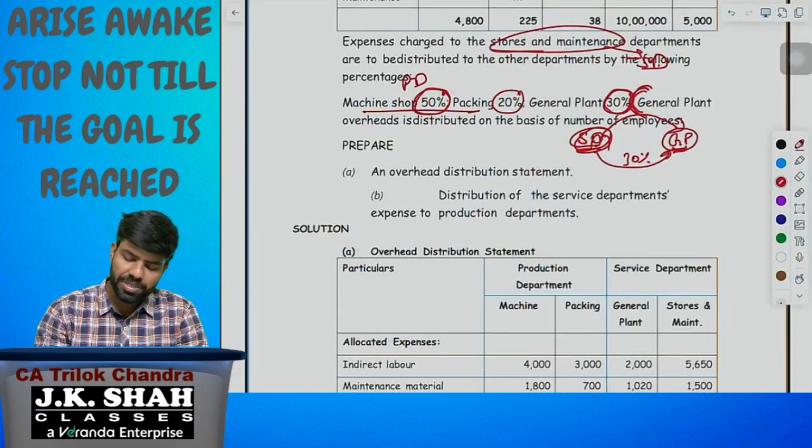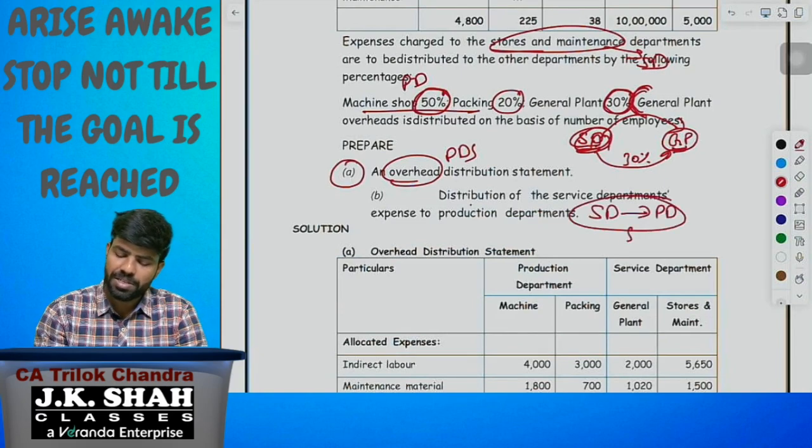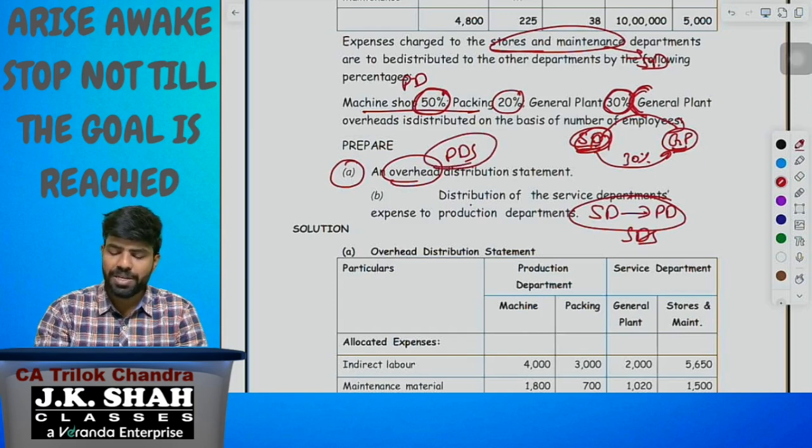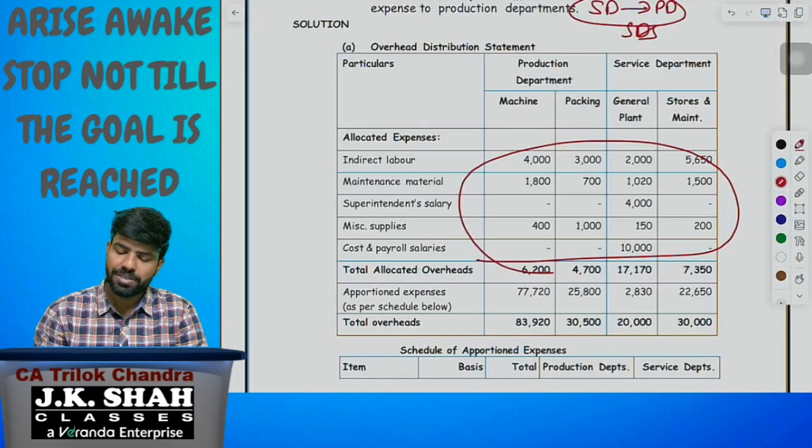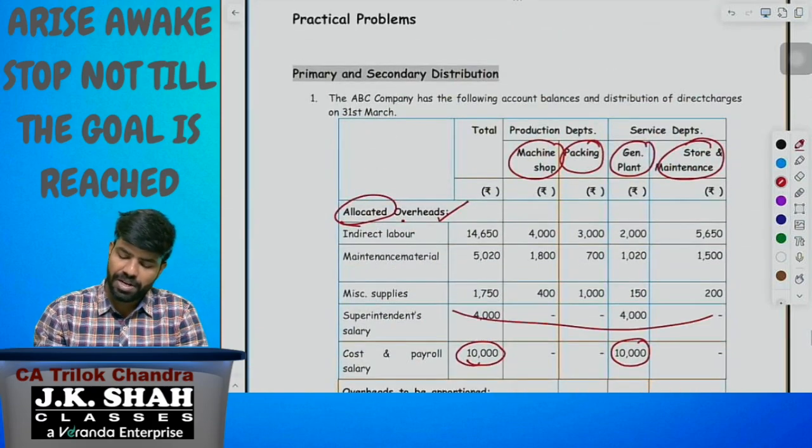Now, the first requirement is the overhead distribution statement, meaning primary distribution summary. Distribution of service department cost to the production departments is called the secondary distribution summary. In the primary distribution summary, some of the expenses are allocated, some of the expenses have to be apportioned. Allocated ones we directly copy and paste. Look here, whatever allocated expenses they have given, we copy and paste here.